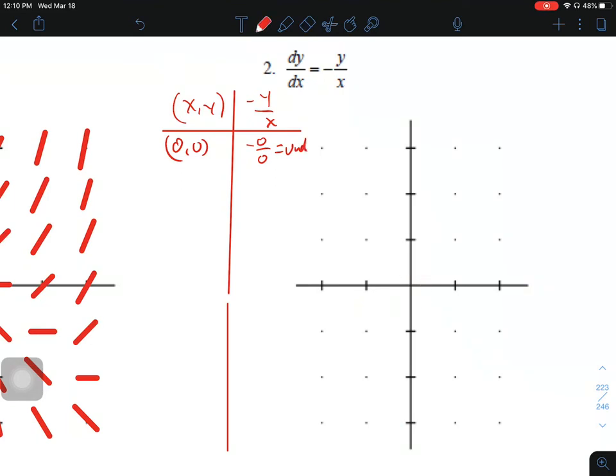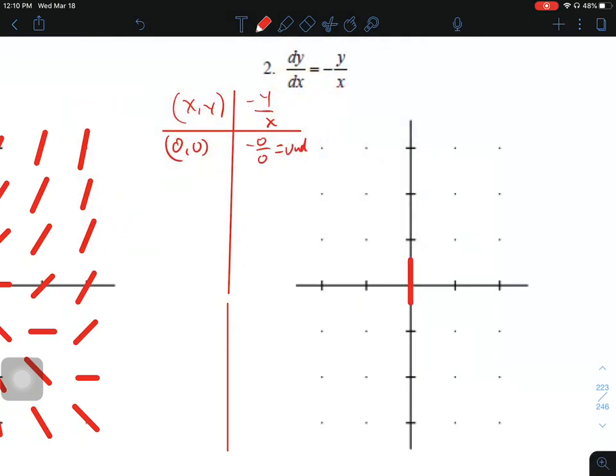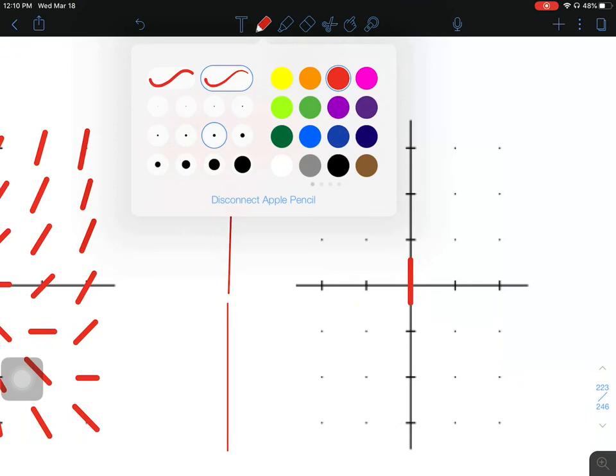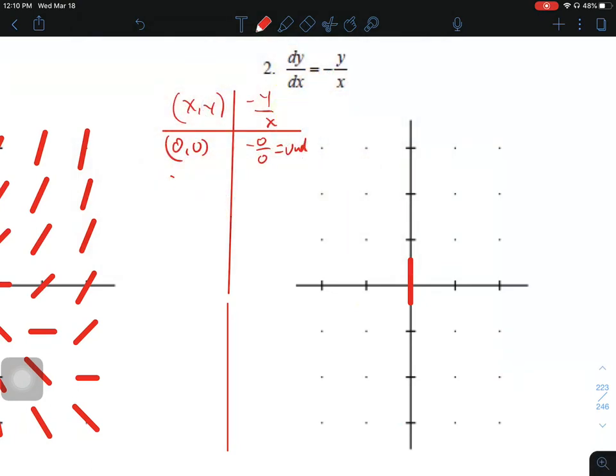Undefined slope means it's vertical. So that's going to be vertical right there. What if we go 0, 1? It's going to be the same because we're going to have negative 1 over 0, which is undefined. Hopefully you can see the pattern here.